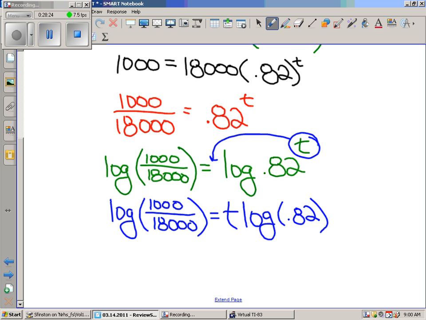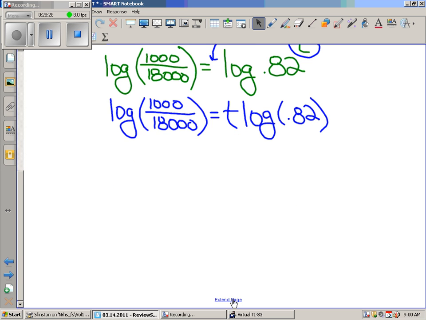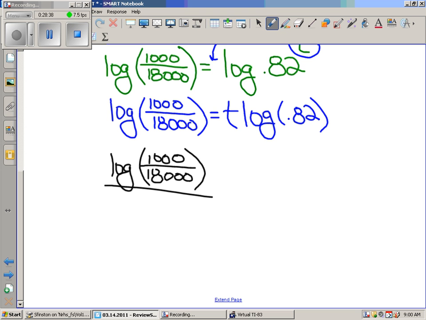How do you get that T all by itself? Yeah, you're going to divide both sides by it. So the log of 1,000 over 18,000 divided by the log of 0.82 is going to be equal to T. All we've got to do is punch that into our calculators.